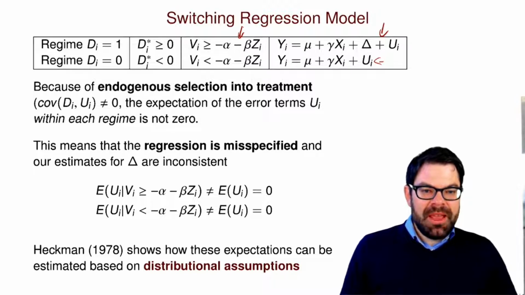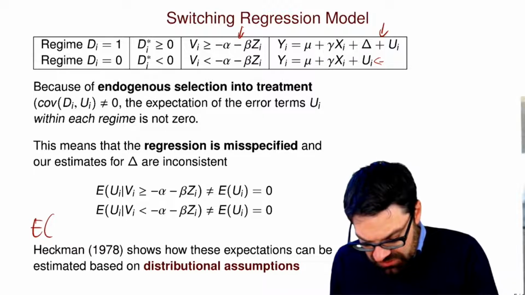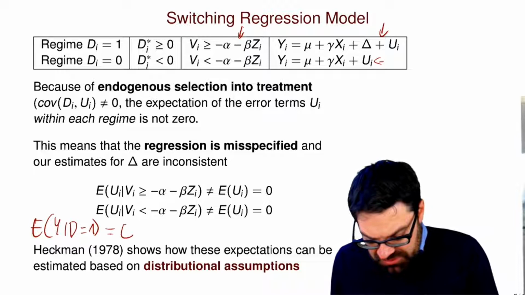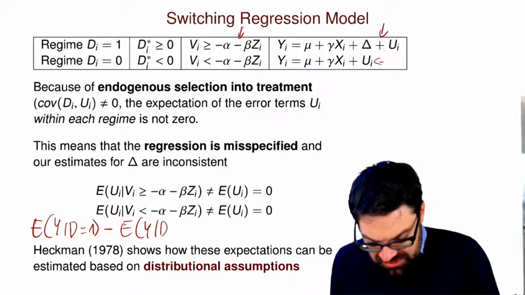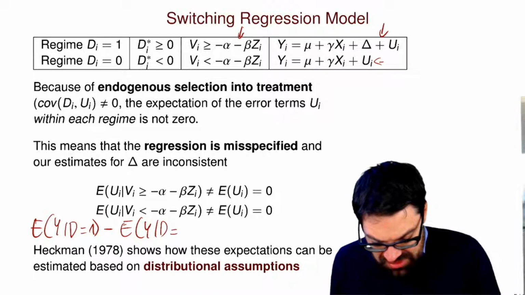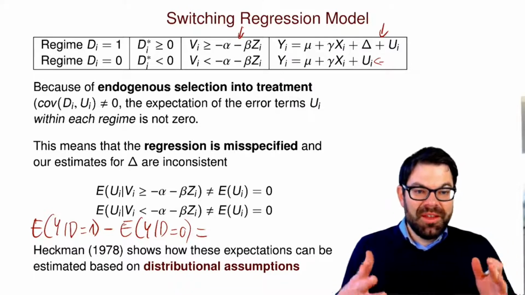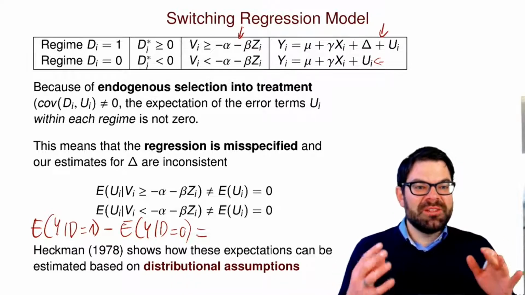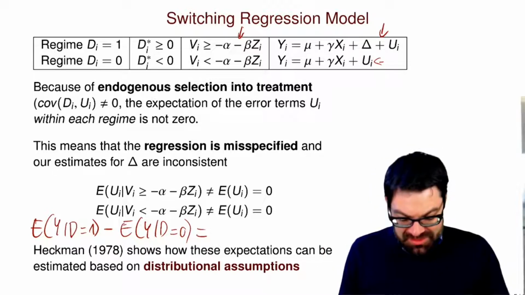And the problem we have here is if we take the expectations, so we want to know what is the difference in outcomes between people who take the treatment and those who do not take the treatment. If we do this conditional on X, or if we just drop X altogether, and we assume that mu is the same across both, we arrive at this.